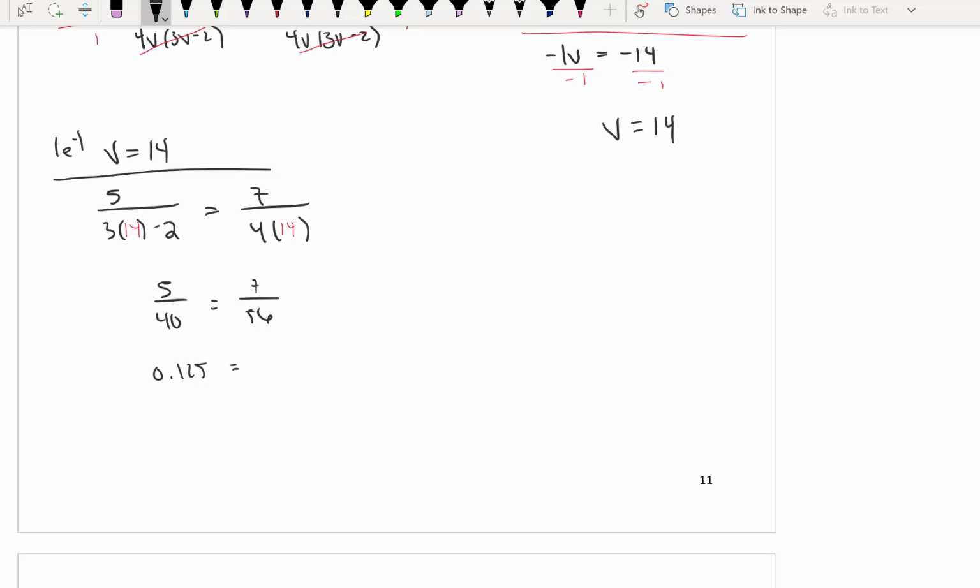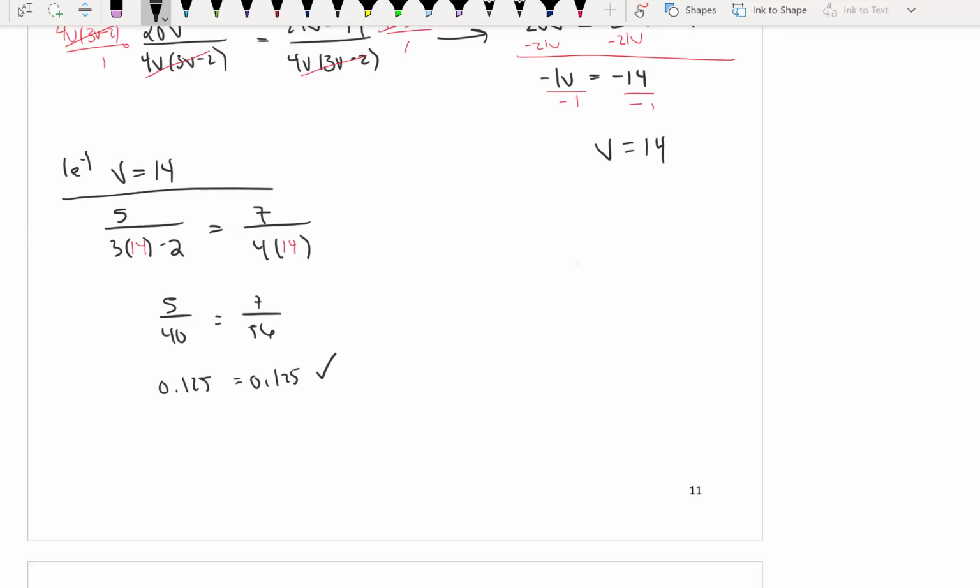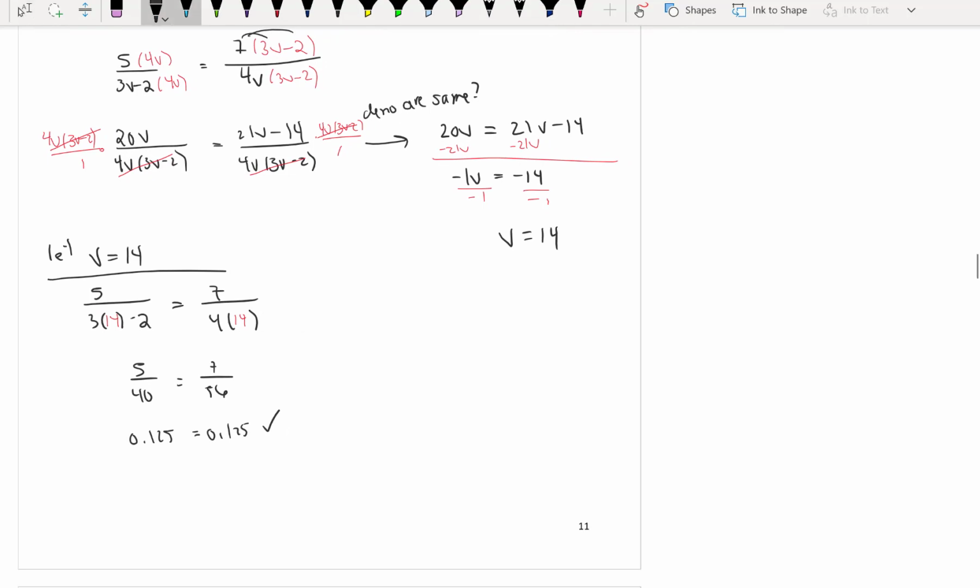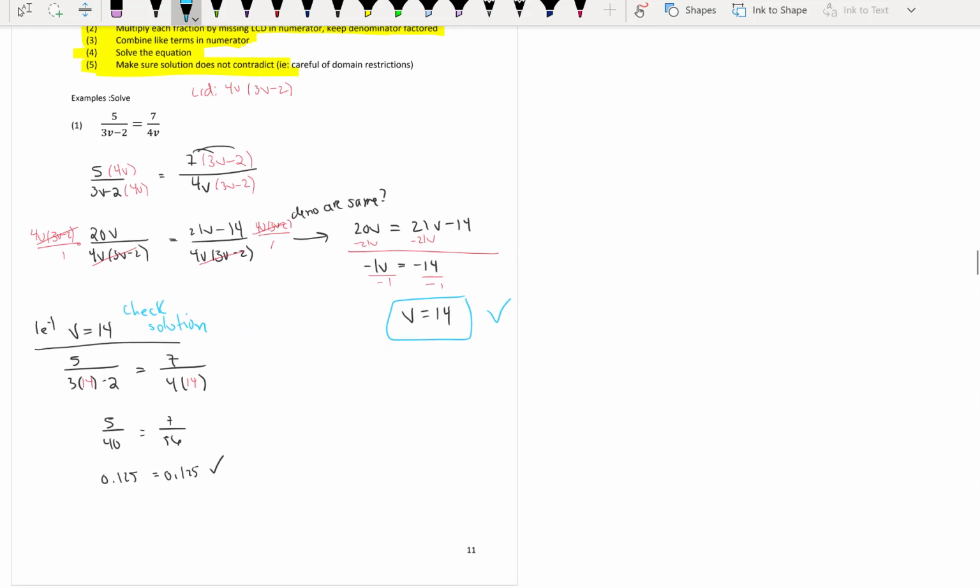Is that the same as 7 divided by 56? It's 0.125. So what I just did was I checked the solution. I know for a fact that v equals 14 is the solution to this first example. Okay?